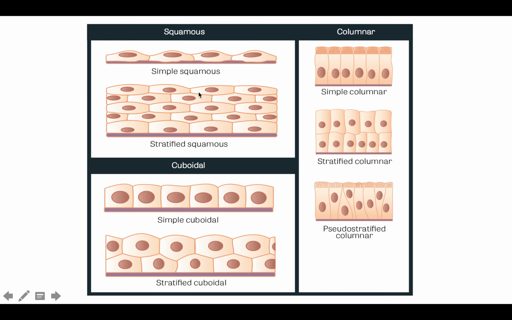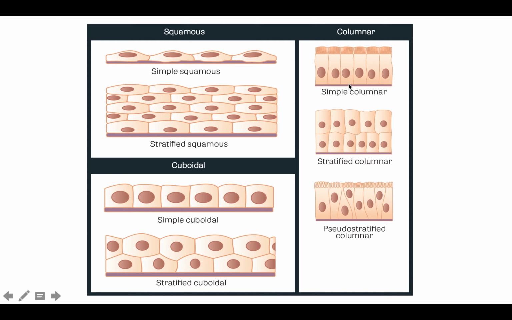Stratified squamous epithelial tissue is arranged in many layers, as present in our skin. Cuboidal epithelium. This is a single layer of cube cells. But when it is present in many layers, it is known as stratified cuboidal.